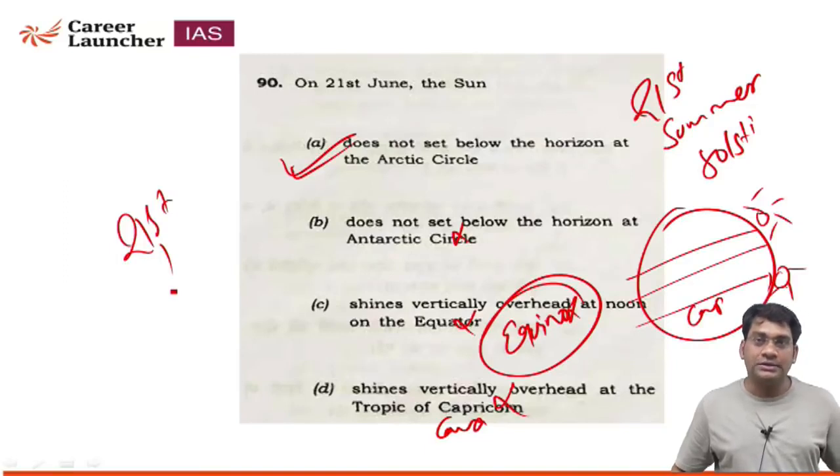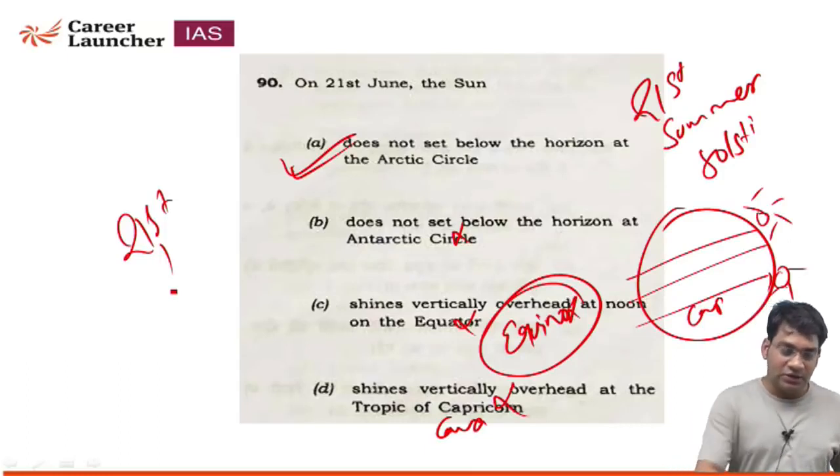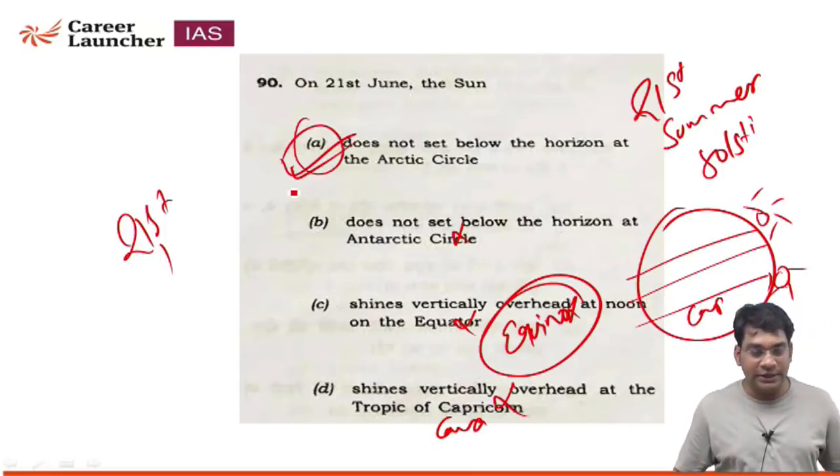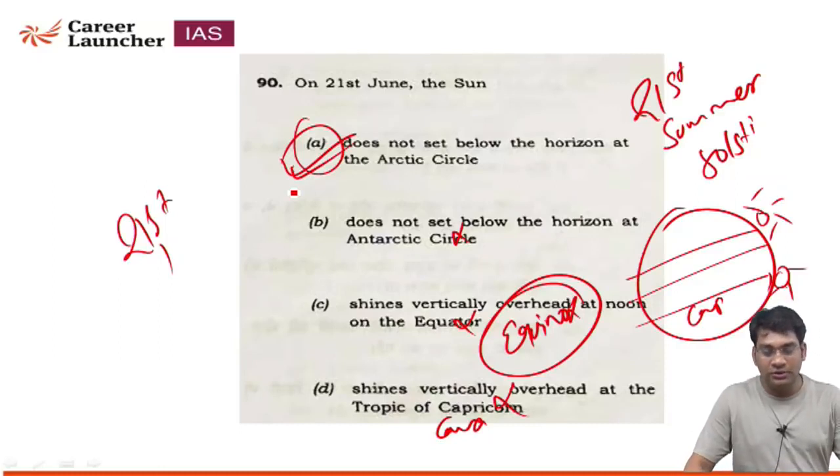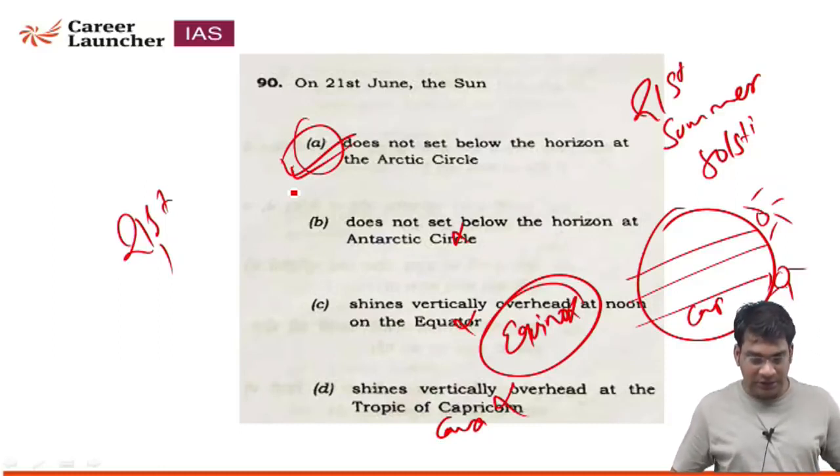So we can say the area beyond the Arctic circle is called the land of the midnight sun. So that's why option number A is correct.